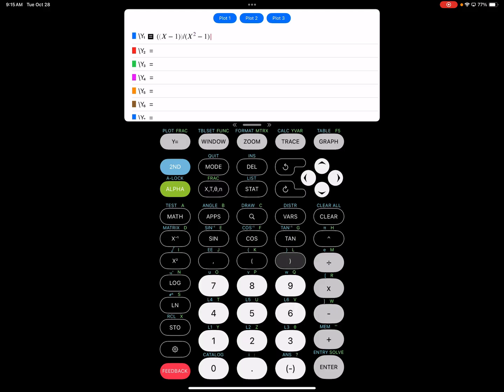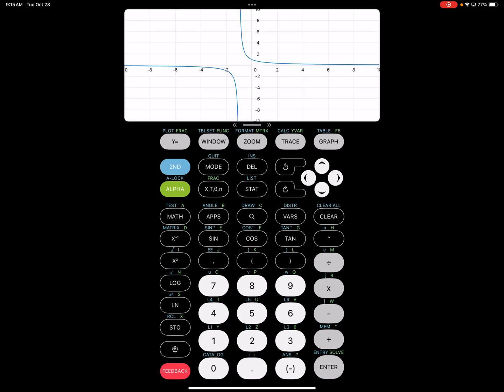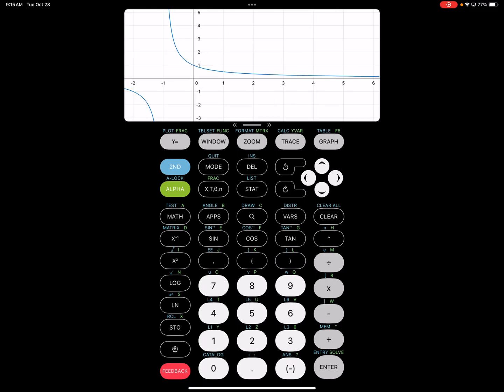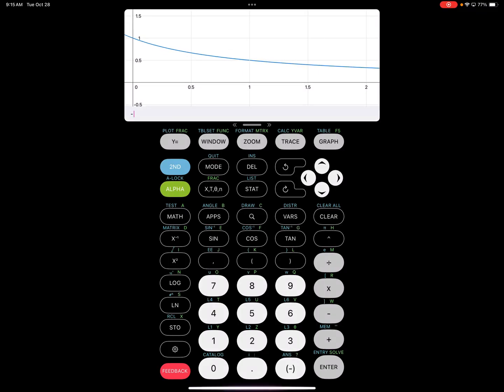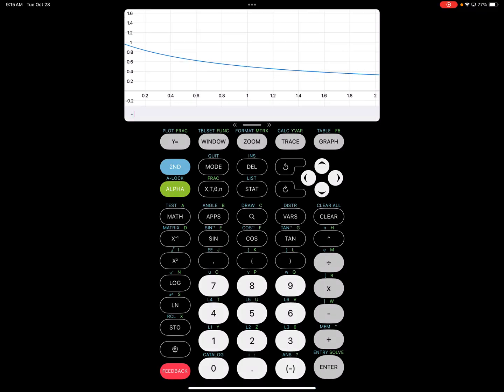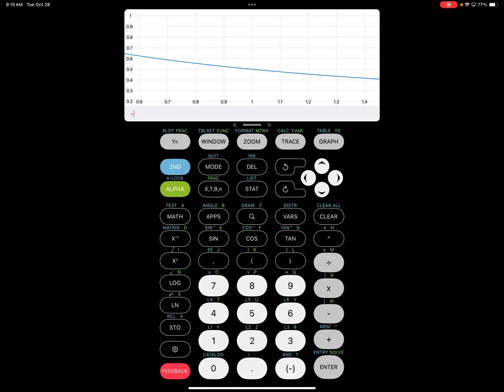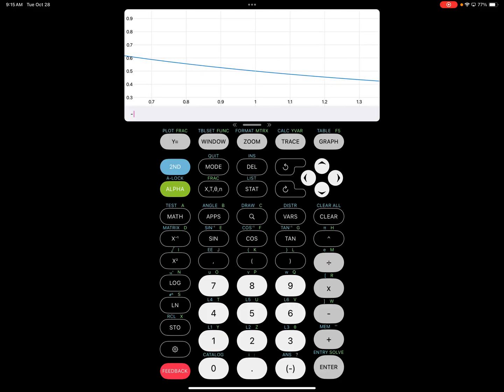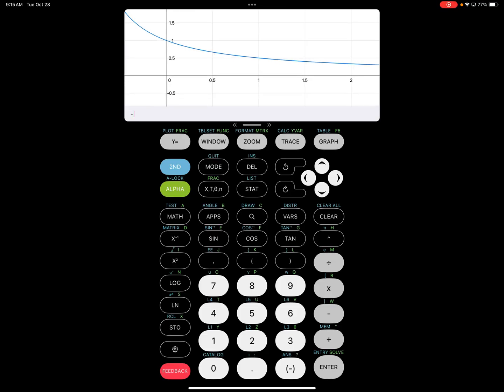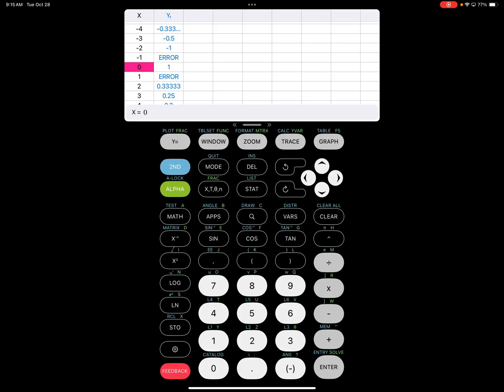Okay, and let's close that. Let's see. Sometimes you can see, do you kind of see that little, like I can see the grid line coming through there a little more. If we go to the table, you will see that we do have an error at 1, okay?